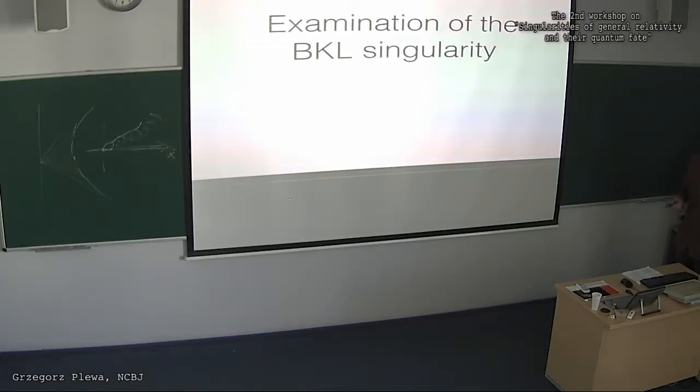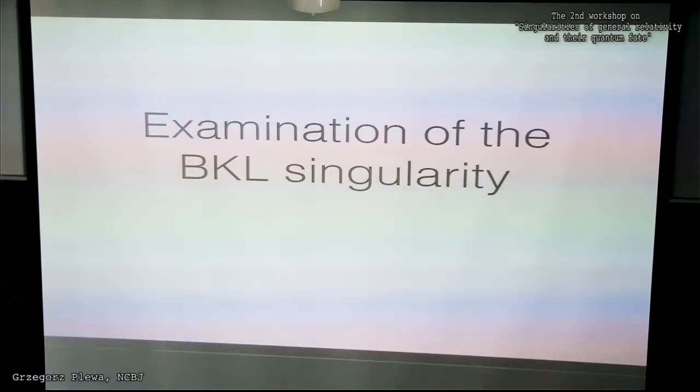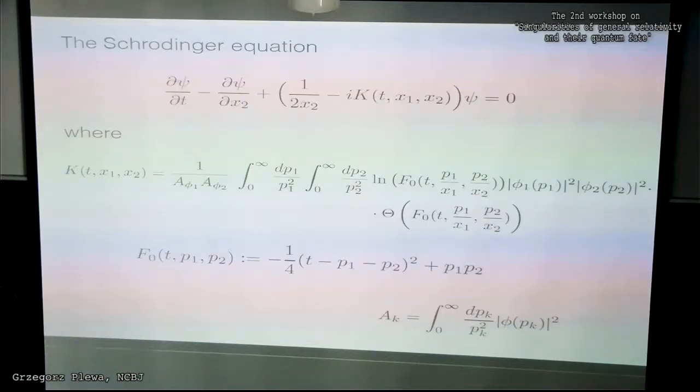Now I will continue discussing some numerical results and findings associated with the quantum dynamics. The starting point will be the Schrödinger equation, and as we remember, it can be written in this form.